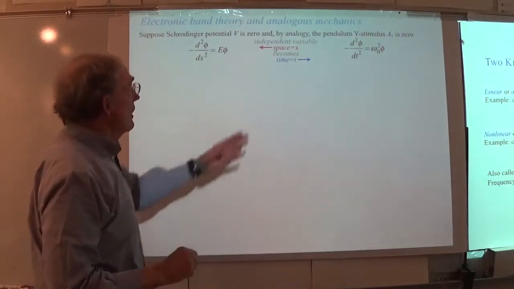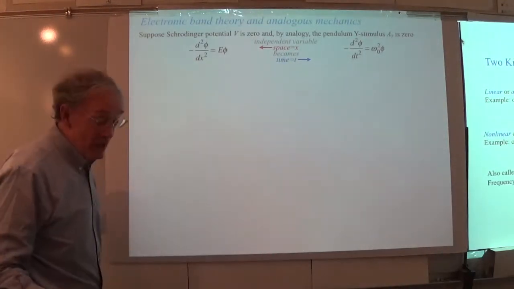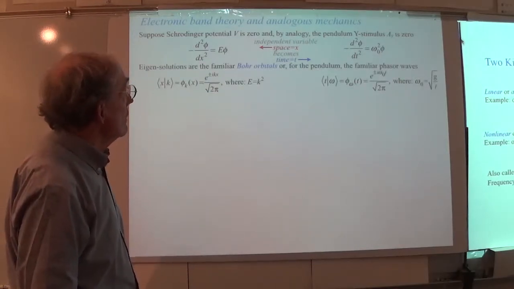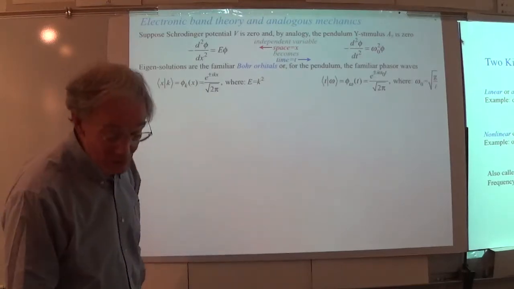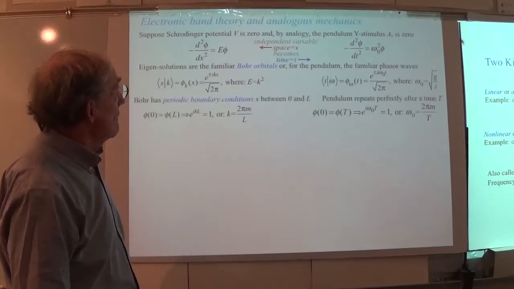Okay, so this one's got space, this one's got time, but other than that, they're the same equation, and they have the same exponential solutions, exponential cosine solutions. We're going to use the exponentials just because we had a chapter 10 in the introduction that went into this pretty well, so it shouldn't be a problem.